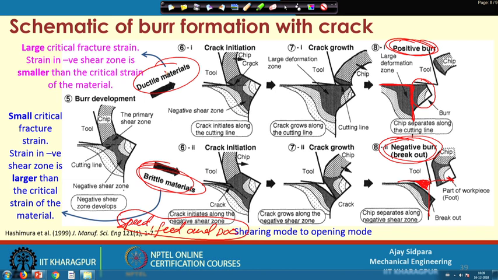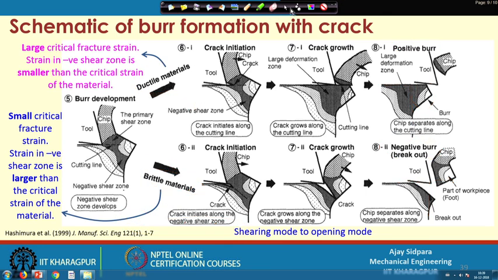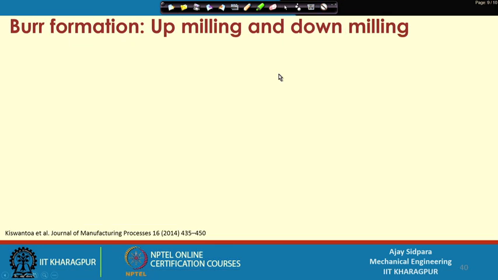Even if you machine a ductile material with a particular speed, feed and depth of cut, you will encounter different types of positive burrs, that means smaller size, bigger size, and sometimes very low also. So, we have to play with the process parameters as well as the material property, so that we can get the minimum burr formation on the final machined component. So, let us continue our discussion further on this topic.